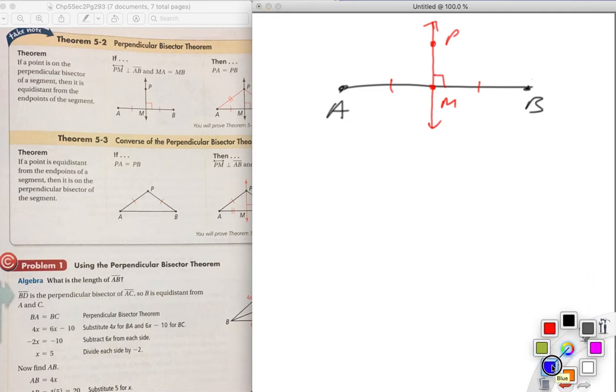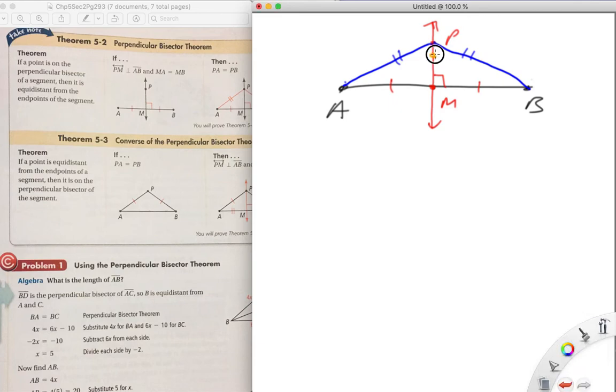Then we can say that for any point on this line, this red line, if I was to draw a line out here and draw a line out here, these two lines would be the same. PA would equal PB. Any line.